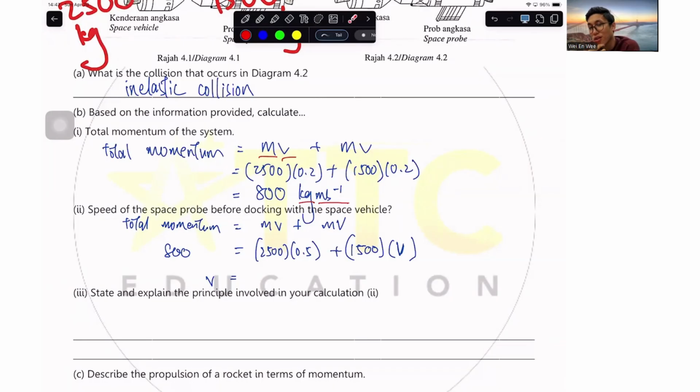Why nobody dare to confirm your answer? Okay, negative 0.3 confirm. All right. Negative 0.3 meters per second. Okay? Negative 0.3 meters per second.